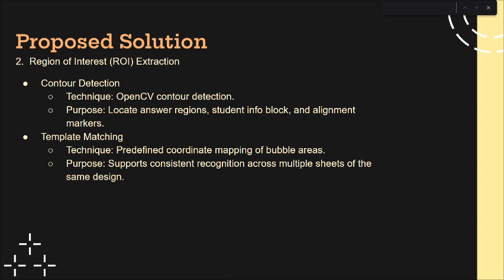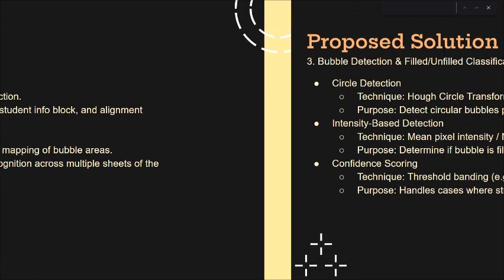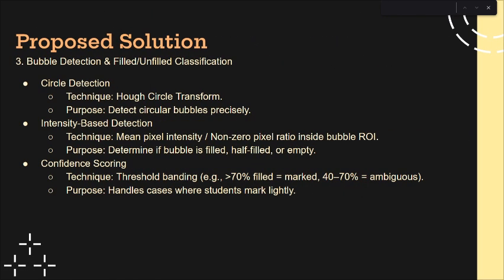It uses OpenCV contour detection to locate areas like answer regions and alignment markers. This is combined with template matching to ensure consistent recognition across different sheets of the same design. For bubble detection, the system uses Hough circle transform to precisely detect the circular bubbles.